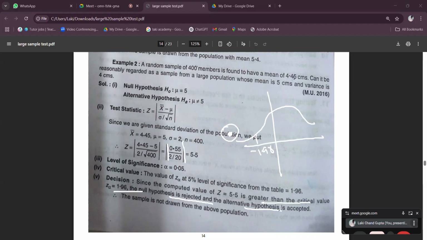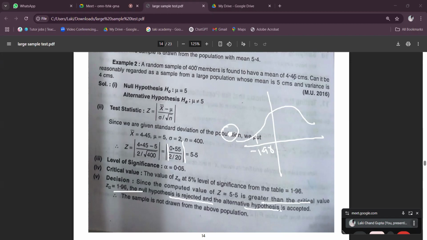Even if you take 99.9%, it is greater than 3, the critical alpha. I told you, you can also take the positive side only.